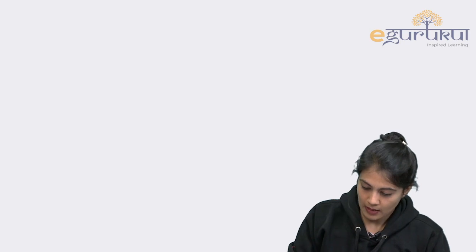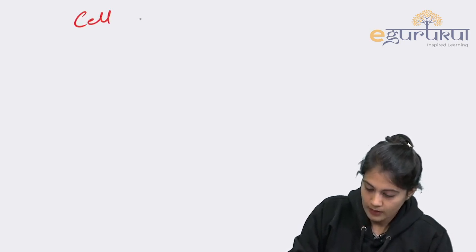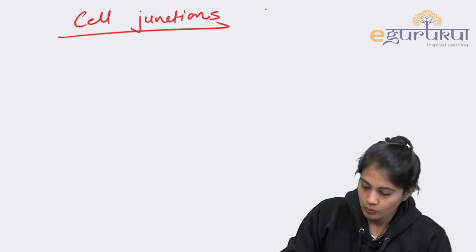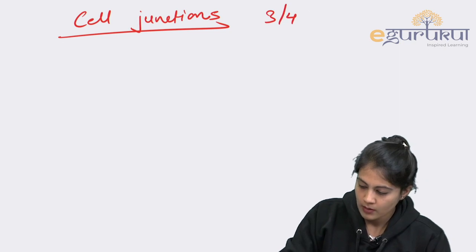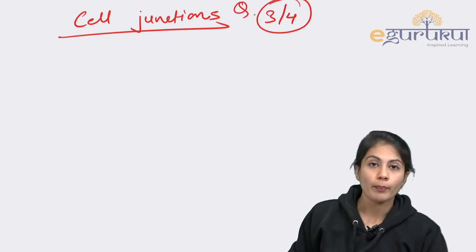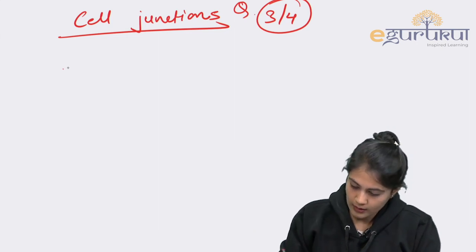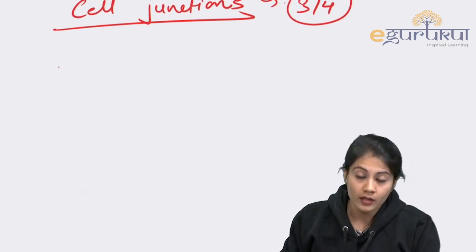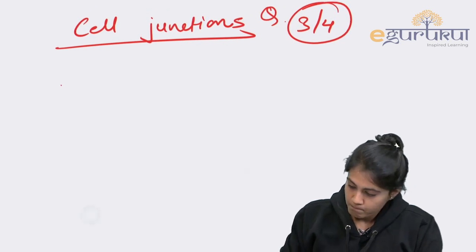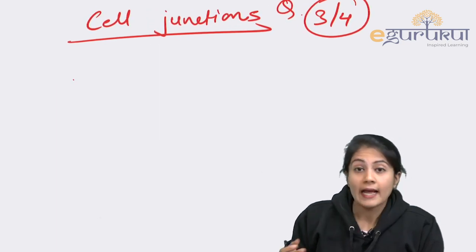So let's discuss another topic related to the cell, that is cell junctions. Usually a short note for 3 or 4 marks can be asked on this topic, cell junction. So shortly, let's discuss what cell junctions are and what their types are, right? Cells are attached to each other.